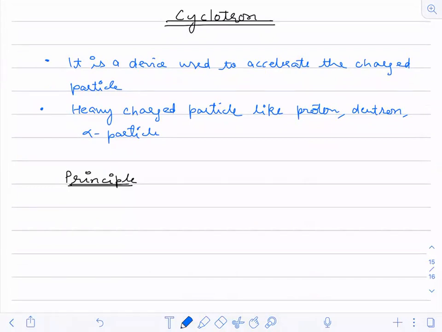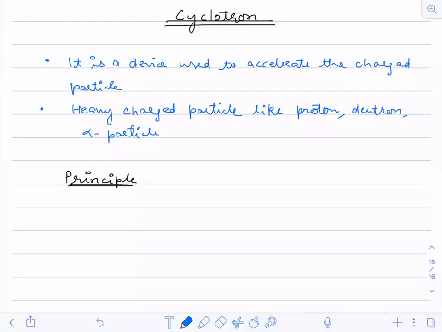We have to accelerate the particle, so an electric field is necessary. Without an electric field you cannot accelerate the particle, you cannot increase its kinetic energy, you cannot increase its velocity. If you have to increase the energy or the velocity, we need an electric field.